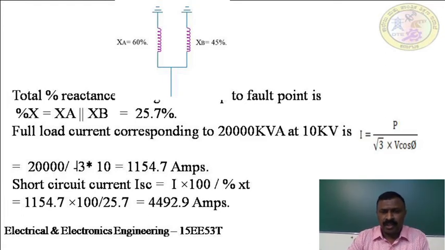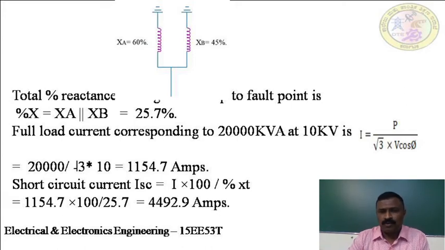Again the short circuit current ISC can be given as I into 100 divided by percentage X total. So therefore, the rated value 1154.7 multiplied by 100 divided by the total reactance of 25.7 is equal to 4492.9 amperes.